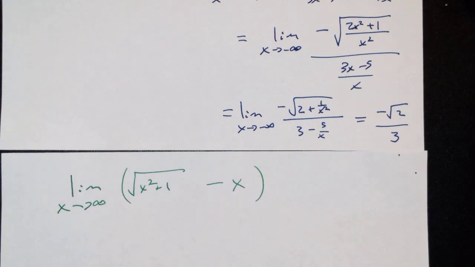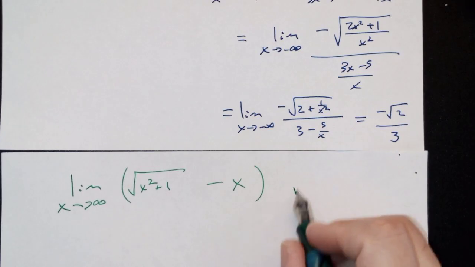I can't do that. So somehow, again, I need to reconcile this infinity minus infinity and make it from an indeterminate to a determinate. I'm going to multiply by 1. The one I multiply by is going to look like this.